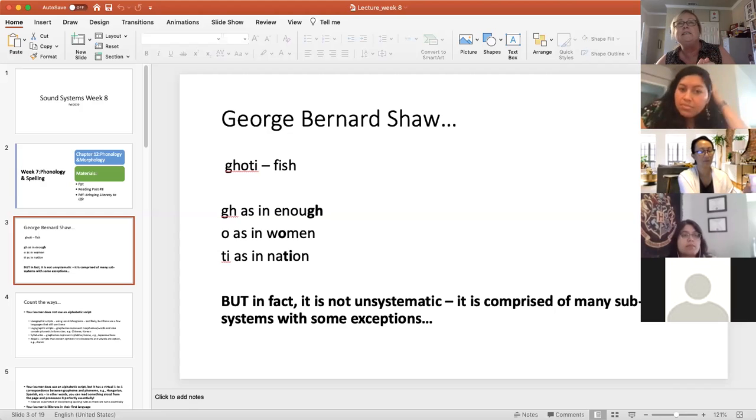And he said, this is the only language where you could spell fish as ghoti. So this would be the GH as in enough for F, the O in women as in I, and then the TI in nation for SH. So if you put all those together, you get fish. And he said, this is ridiculous, which, you know, he has a point.